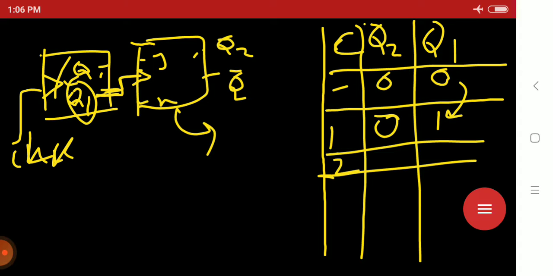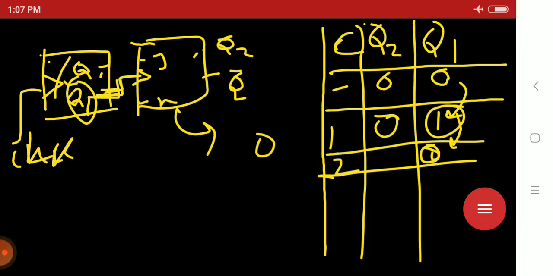Now for the second clock pulse, what will we get? For the second clock pulse, again I am giving the clock pulse to the first flip-flop. After getting the clock pulse, the first flip-flop is on. Then the flip-flop will toggle the previous state of Q1. The previous state of Q1 is 1, and it will be toggled to 0. After it is toggled to 0, Q1 is 0, that means the complement will be 1.